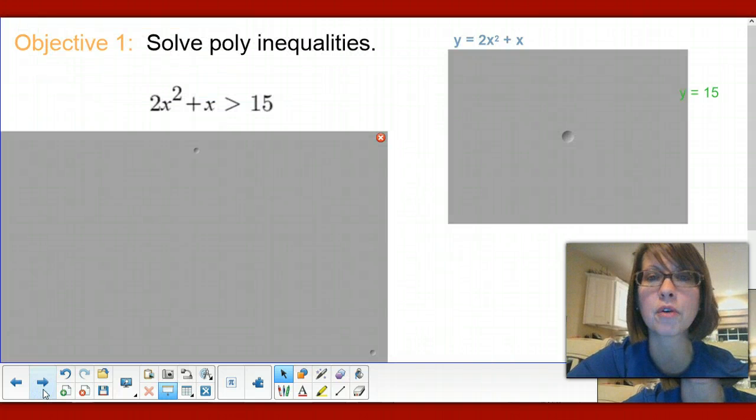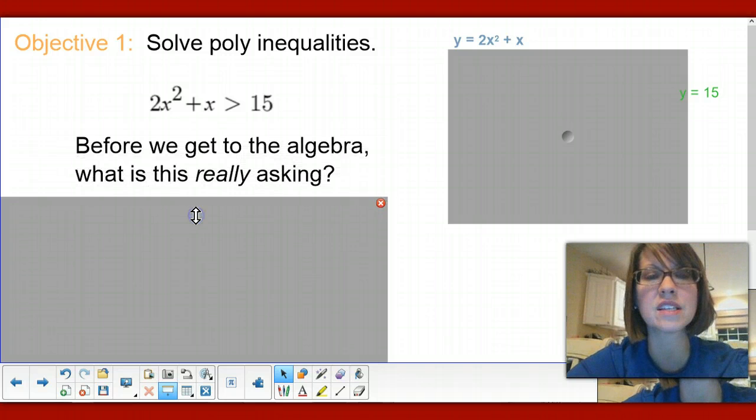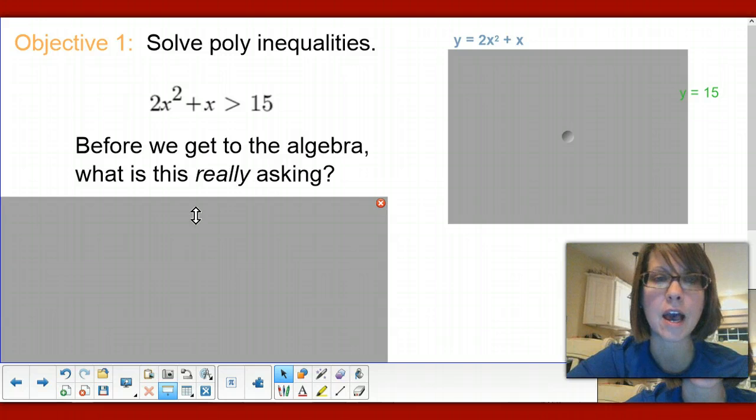All right, so I'm going to go through example 1 with you. Objective 1 is solve polynomial inequalities, and we're given 2x squared plus x is greater than 15. The first thing I want us to think about is, what is this really asking us, before we get to the algebra of solving it?